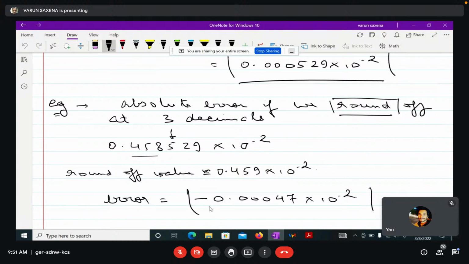Okay? That is what it is, and you can cite this rule that you just mentioned in the Google Classroom. I'll have to look at it, and if it is true, then we'll follow that as well. So what you're saying is that if this number is 5 or greater than 5, then the preceding number changes only if that digit is odd, but it doesn't change if the digit is even.